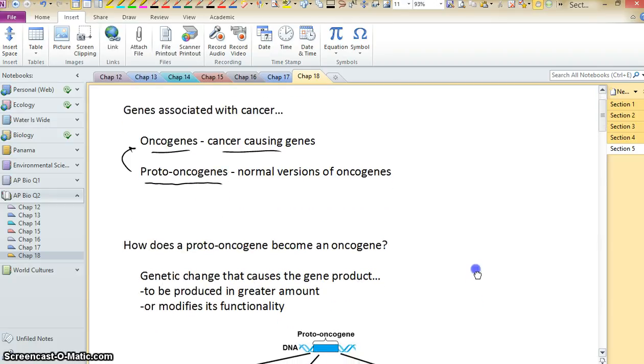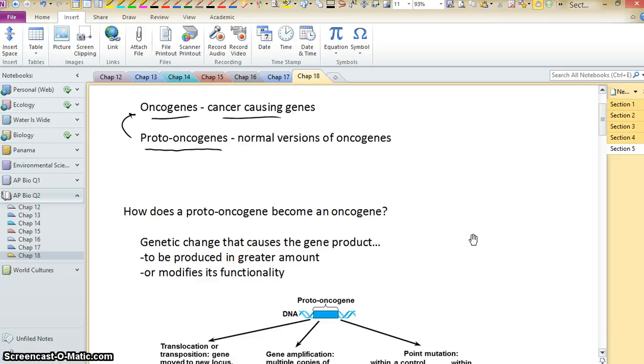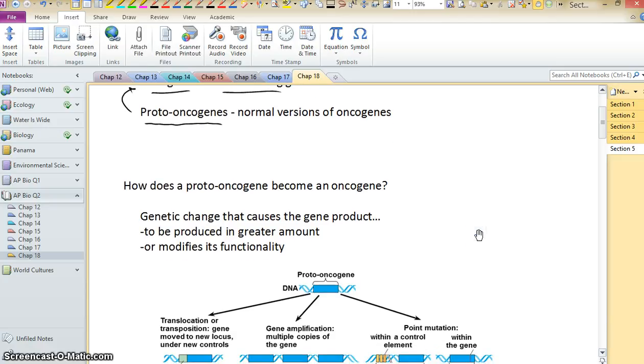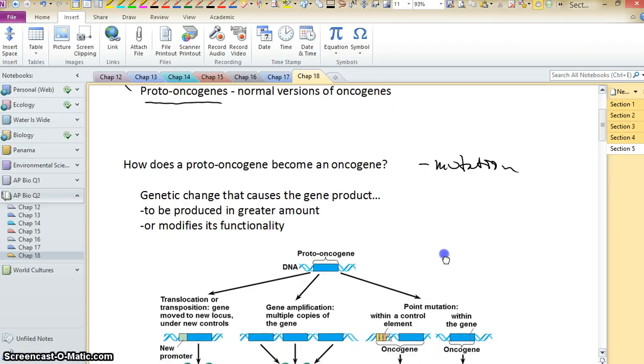So these proto-oncogenes become an oncogene essentially through mutation, and how the oncogene does what it does can vary.